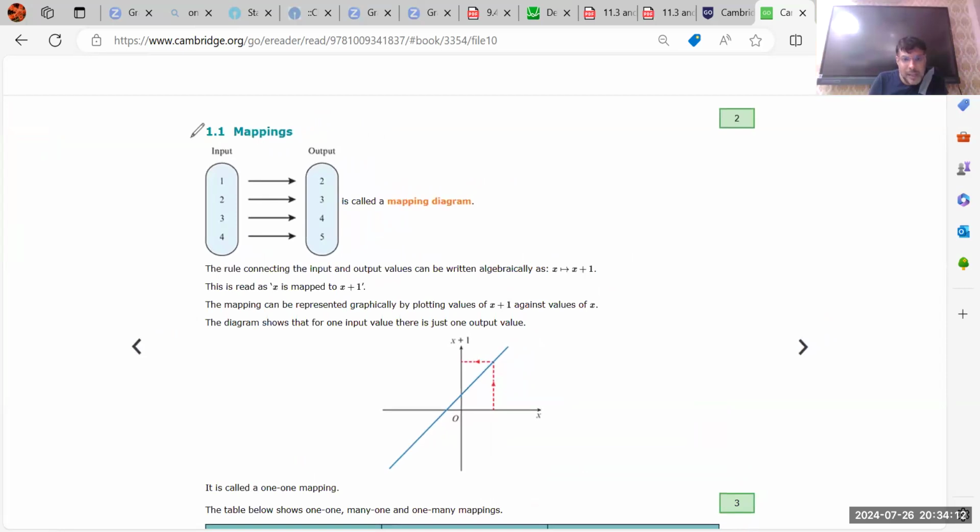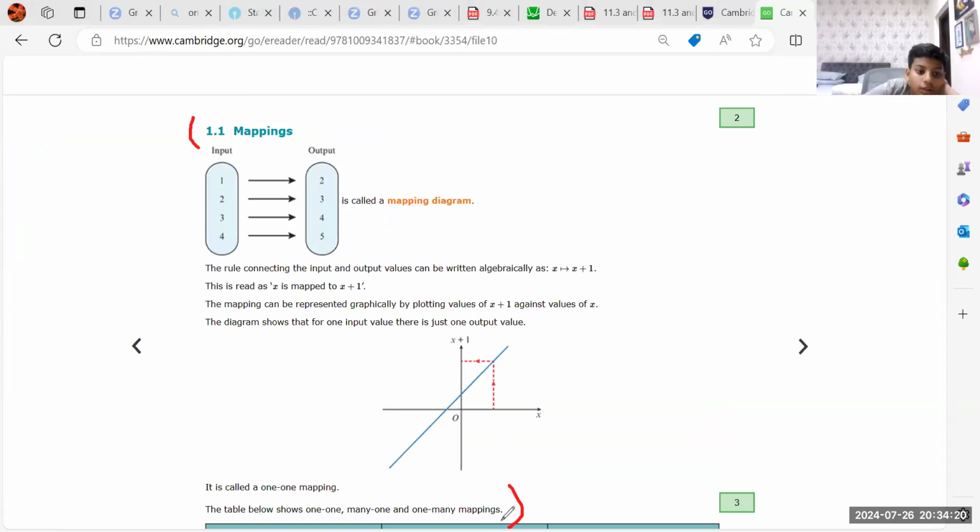So Mr. Tan, please read. The rule connecting the input and output values can be written algebraically as x arrow x plus 1.